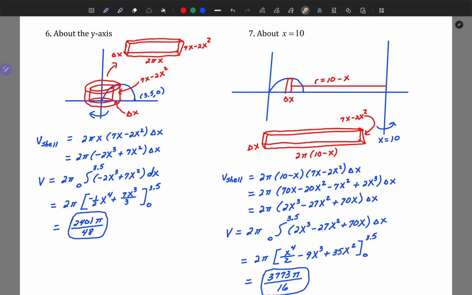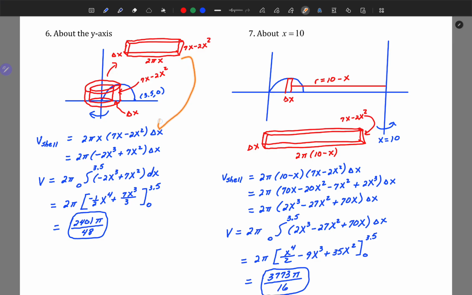And then the length of your shell is the circumference of the revolution, which we know is 2 pi r. Well, r in this case is the distance from the axis of revolution to any one of your rectangles. Fortunately for us, by definition, the distance anything is from the y-axis is x. So r is x, and the length of this rectangular solid is 2 pi x.